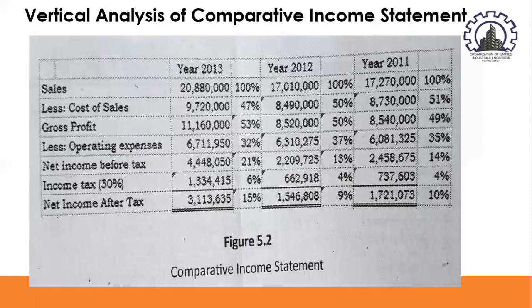And in year 2013, the cost of sales is 47% and its operating expenses is 32%. The operating performance of the company showed that it continuously improved its cost of sales from 51% in year 2011 to 47% in 2013.